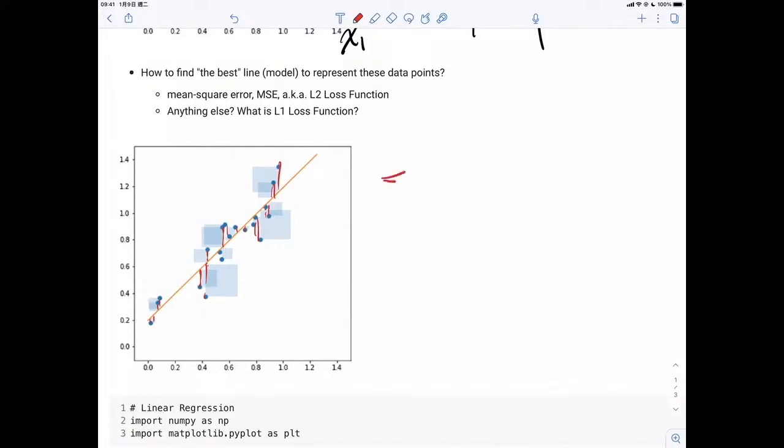Basically we sum all the differences between y and y hat, where i is from 1 to n, with the absolute value of y minus y hat. So we can come up with a measurement, an evaluation, to make sure we understand the difference between the model and the real data.